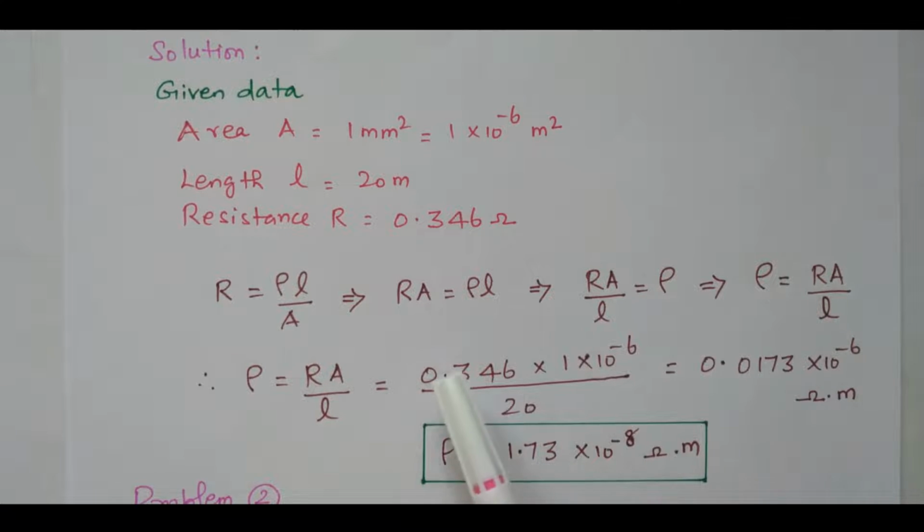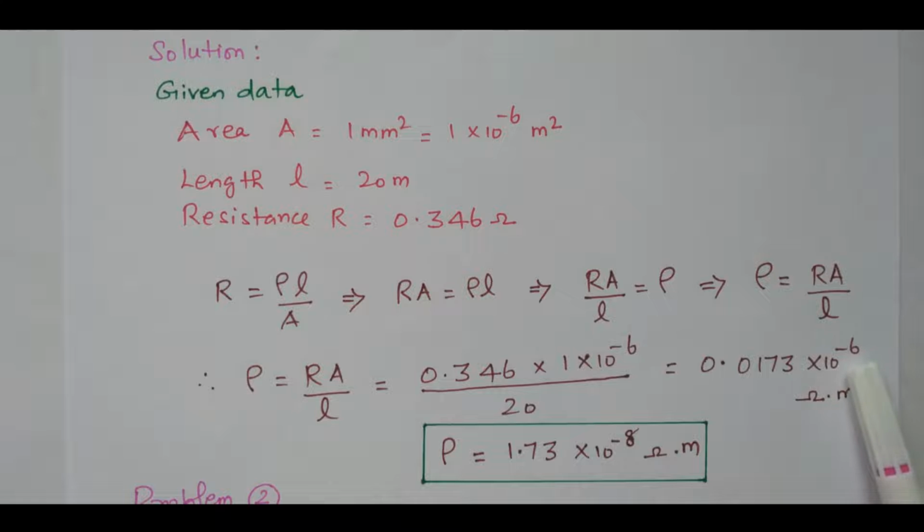Now we can substitute the values of R, A and L. R is 0.346, A is 1 into 10 to the power minus 6, and the length is 20 meter. By simplifying, what we got? 0.0173 into 10 to the power minus 6 ohm meter. The unit for resistivity is ohm meter.